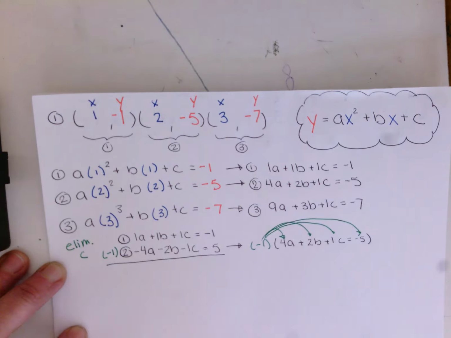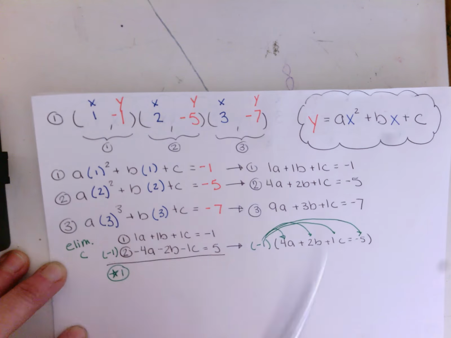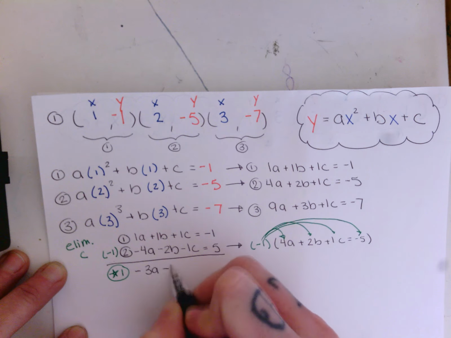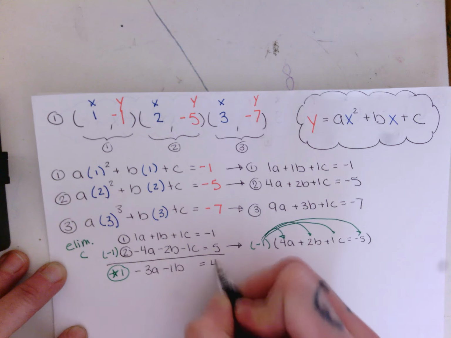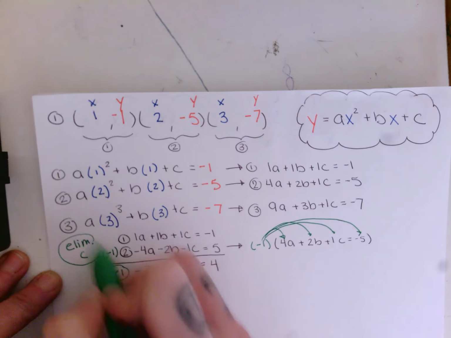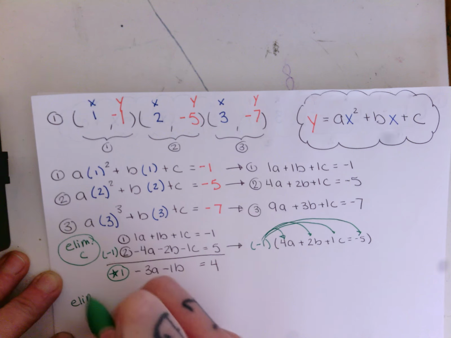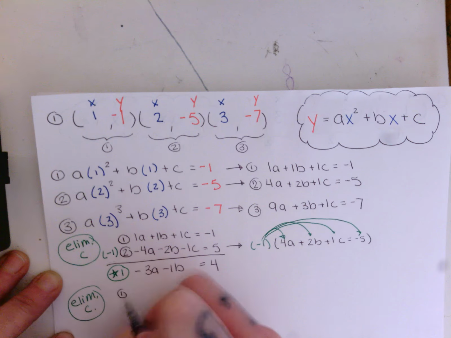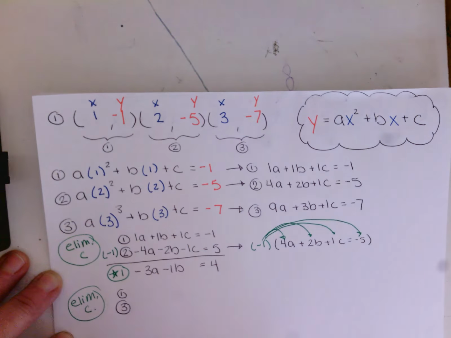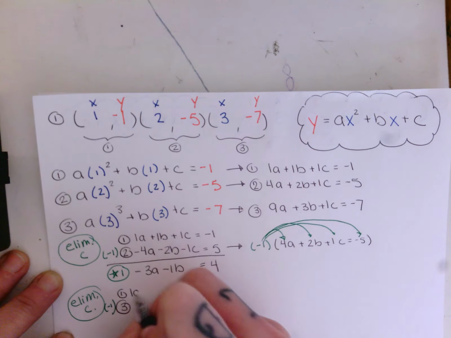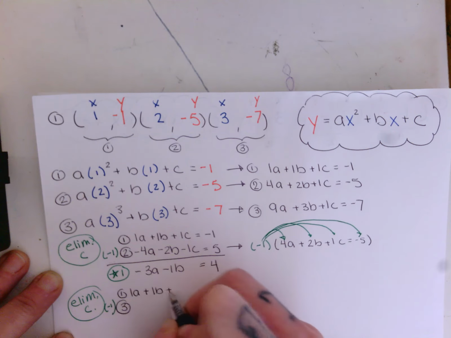So when I combine these equations and I get my first star equation, I'm going to be left with -3a, -1b. My c's cancel. Now I'm going to use 2 different equations. I already used 1 and 2, but I still need to eliminate c. So I'm going to use 1 and 3. And I'm going to do the same thing, keeping equation 1 the same, and multiplying equation 3 by -1.